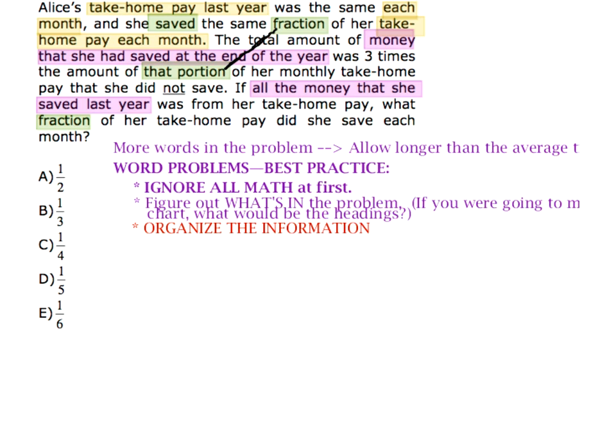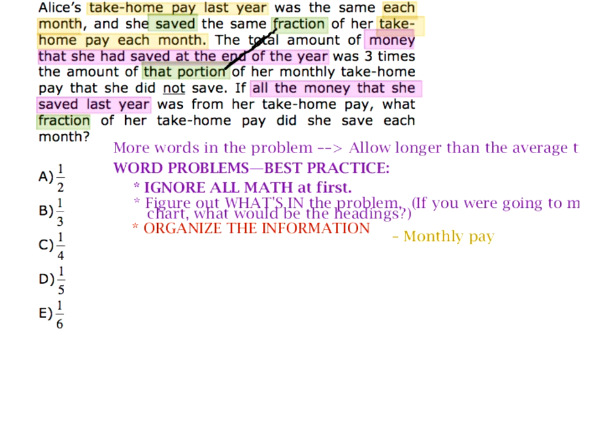So we've got take-home pay, and then we have monthly take-home pay. Monthly pay. And I mean, we don't even need to say the word take-home because there's no other kind of pay in this problem. There's no gross pay.